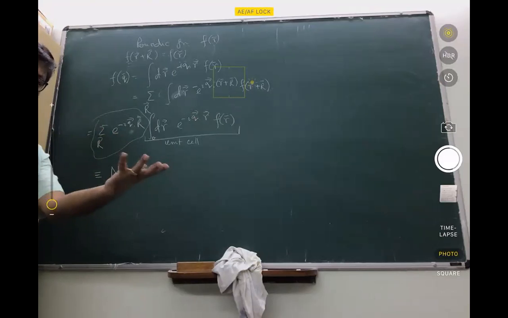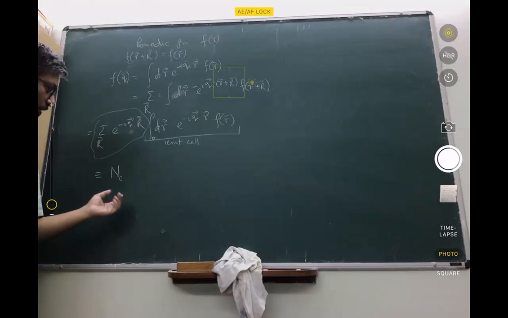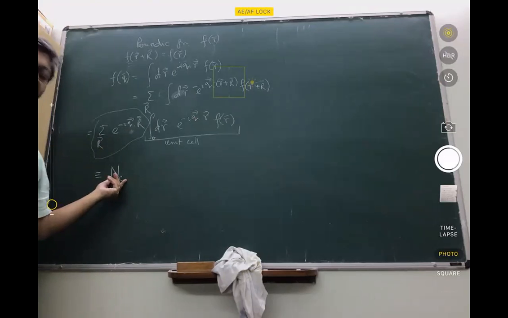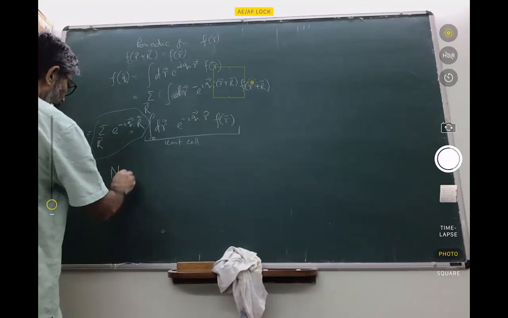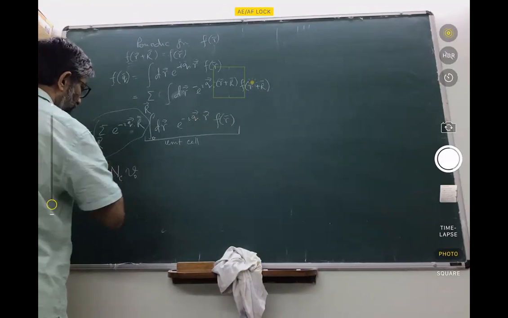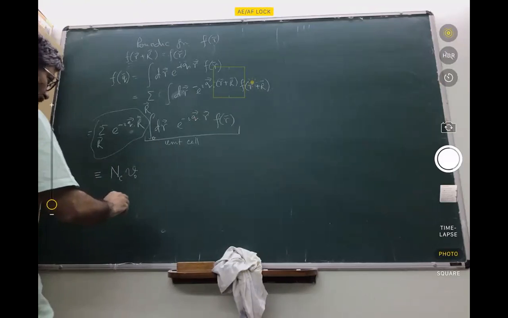Suppose I have a piece of crystal with a certain number of unit cells; it is that number of unit cells times V naught. I'll tell you where V naught comes from.